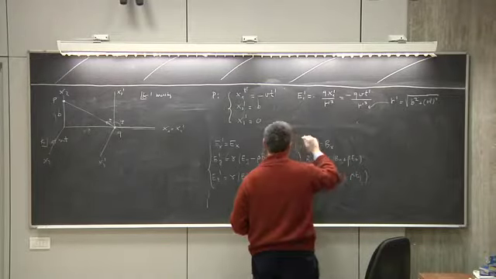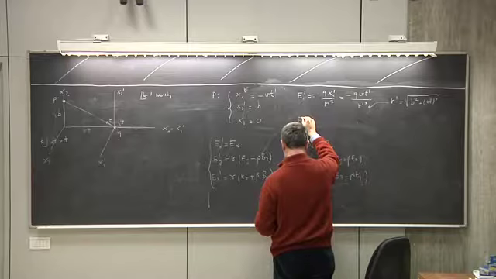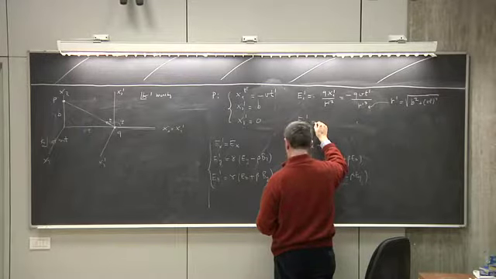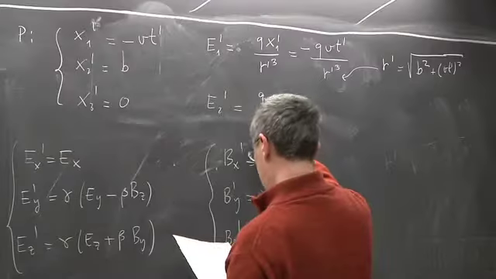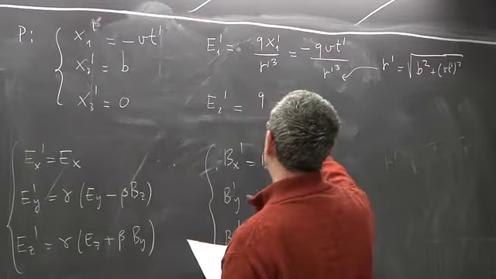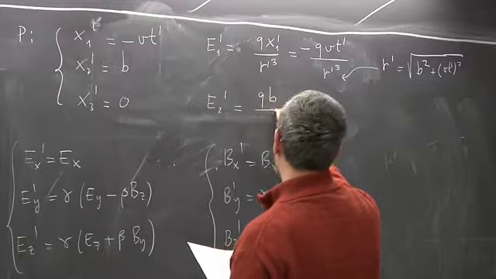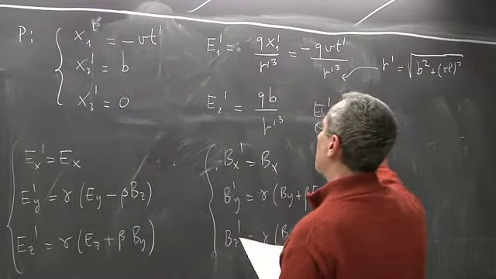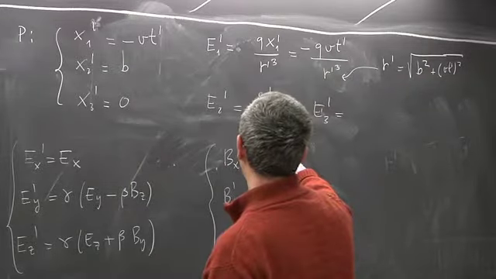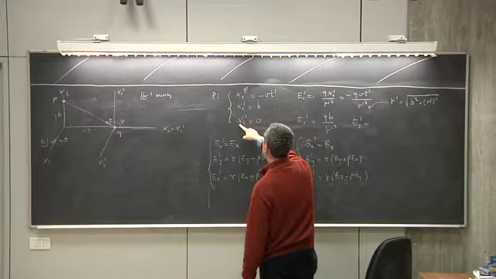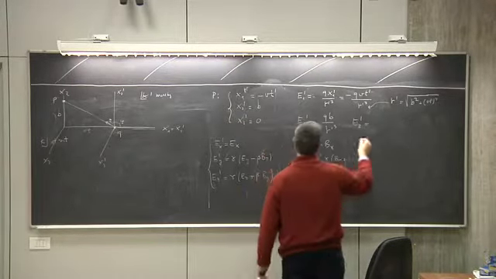Similarly, E2 prime is Q x2, so Q B, divided by this R prime cube. And E3 prime will be Q over R prime cube, but times the third component, so this is 0.